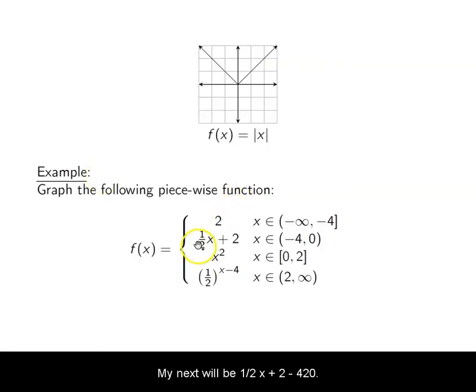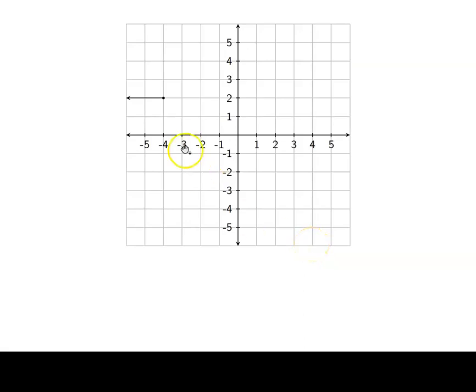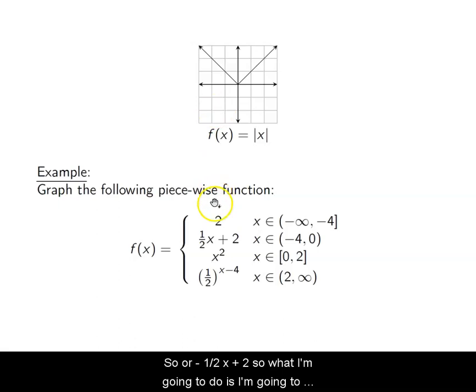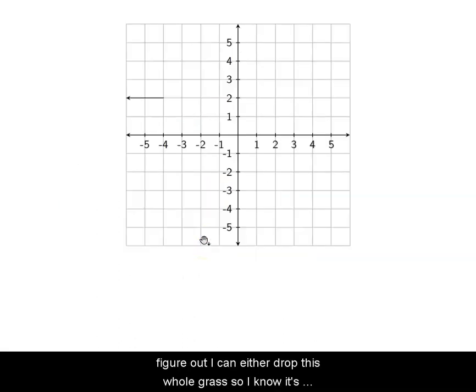My next will be 1/2 x plus 2 from negative 4 to 0. So I can either draw the whole graph: I know I have a y-intercept of 2, and a slope of 1/2, so that means up 1 over 2, up 1 over 2, up 1 over 2.